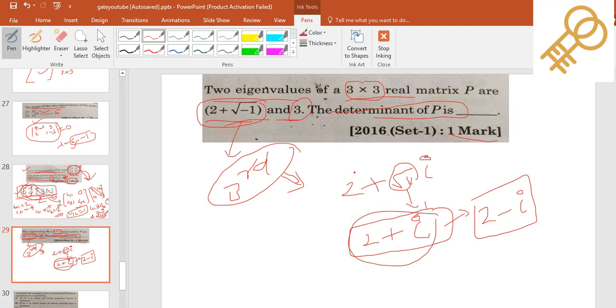Then in the question they have asked to find the determinant of P. The determinant of P will be equal to the product of the given eigenvalues.